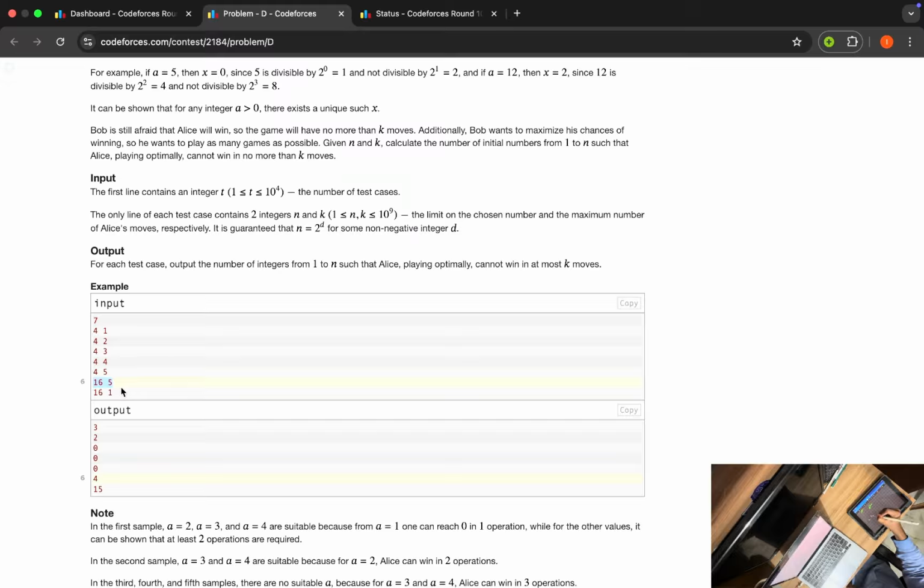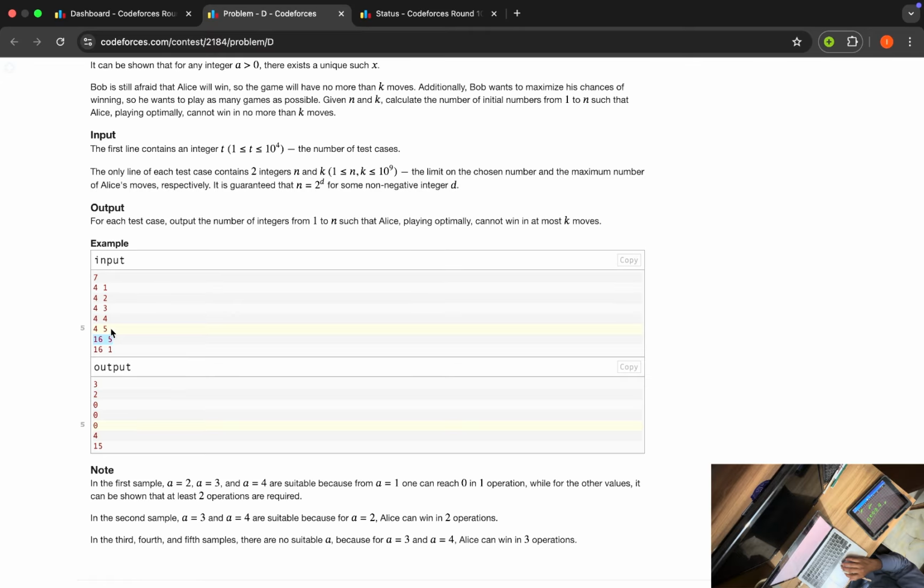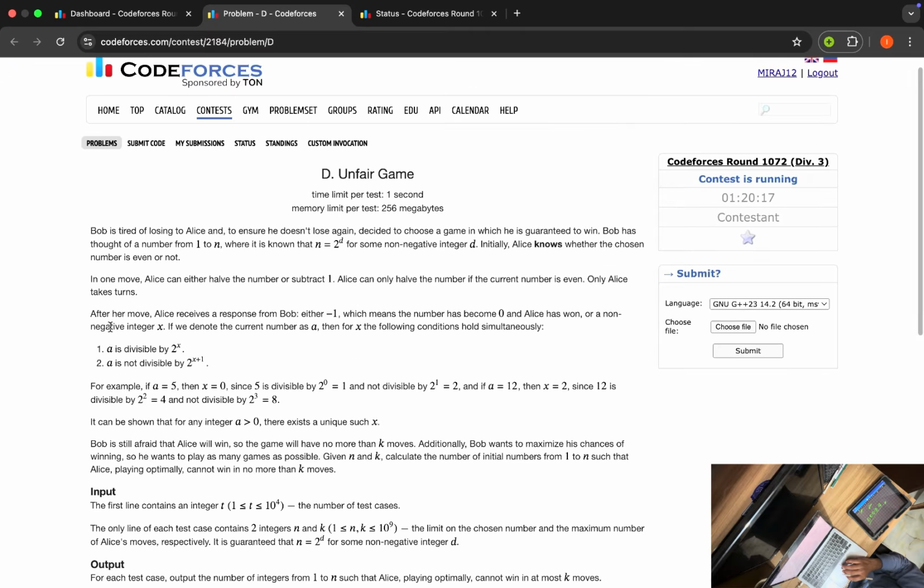First value 1, then 2, 4, 8, 16. So 1, 2, 3, 4, 5, that's 4 values. I'm not getting the question. That's the most frustrating thing.